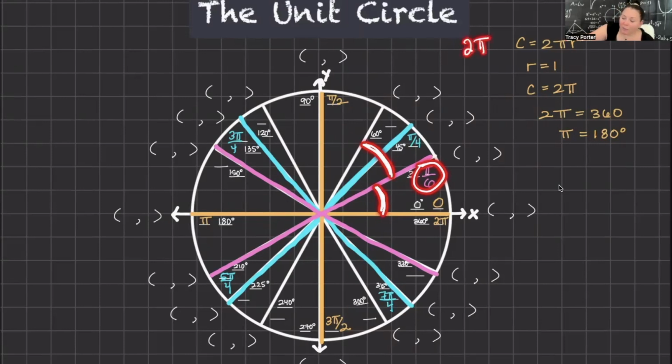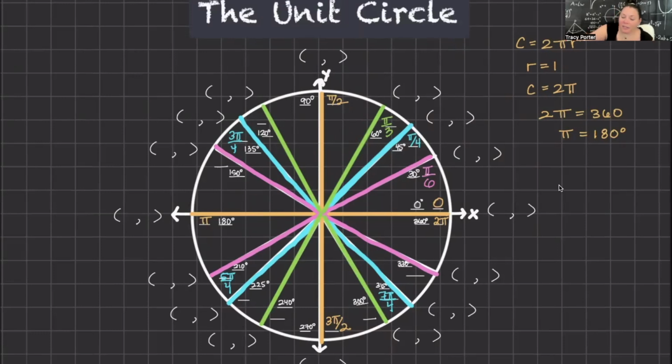But 2 pi over 6 is going to simplify down to pi over 3. So we're going to call that one pi over 3. And then I'm going to make all of those ones that are multiples of pi over 3 green. So it's going to look nice and colorful, easy for the eye to identify, when we're all done.